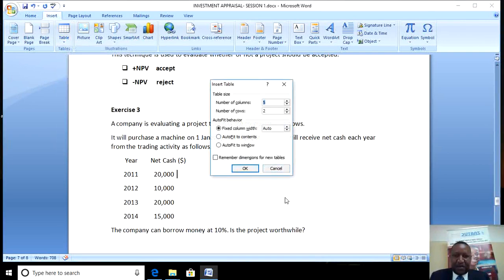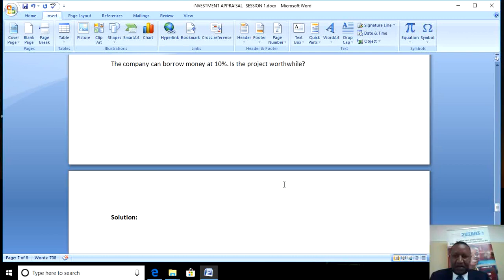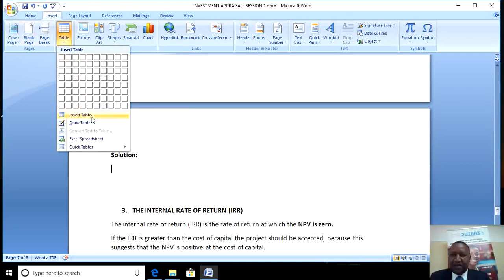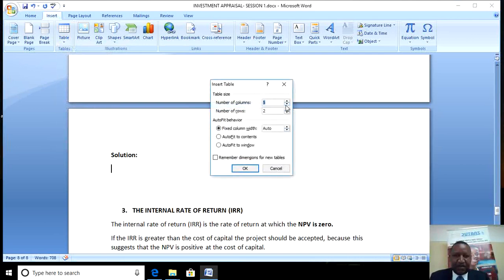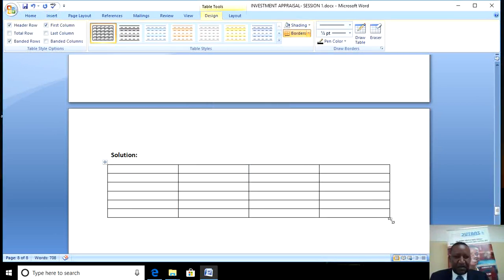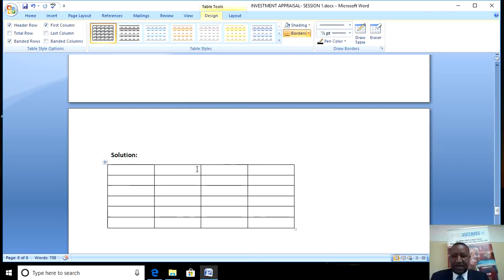Insert a table down here under your solution. A table of 4 columns and 6 rows will do for this number of years. We have 4 years in particular.